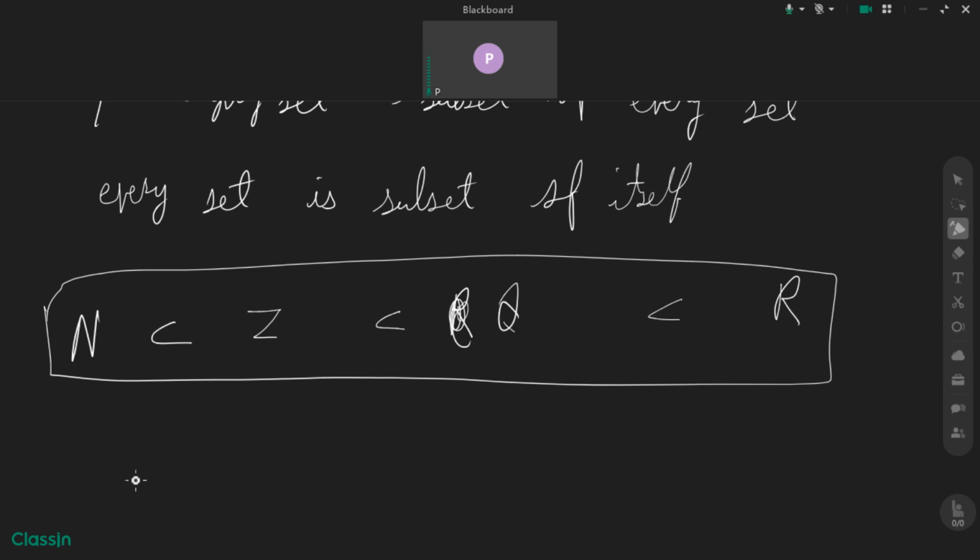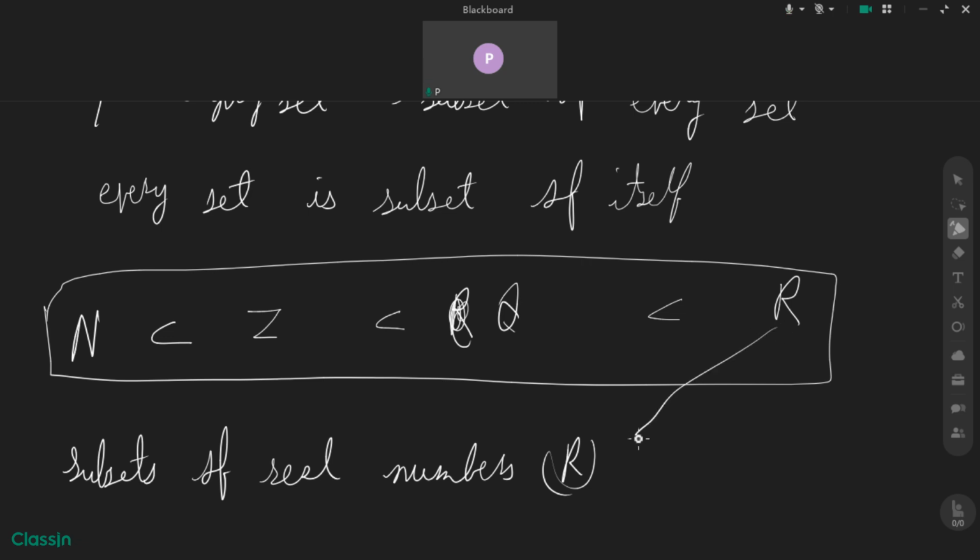Now let's move to the next part. What about the subsets of real numbers? How do we represent the subsets of real numbers? The next topic is subsets of real numbers.